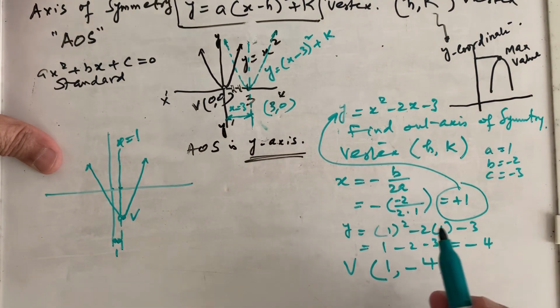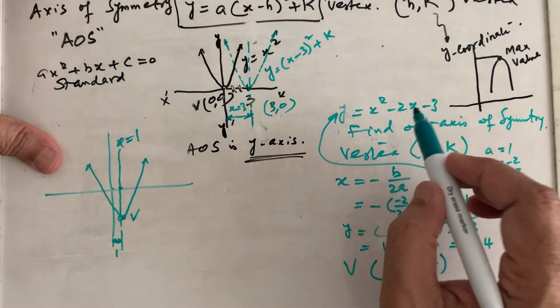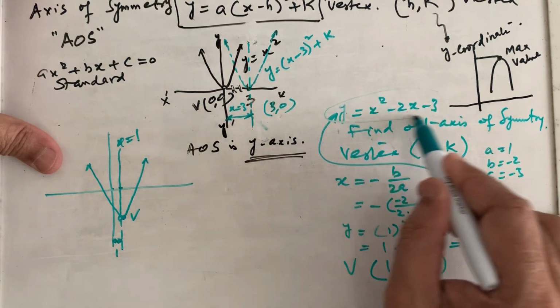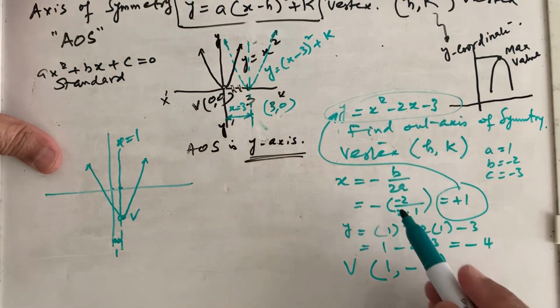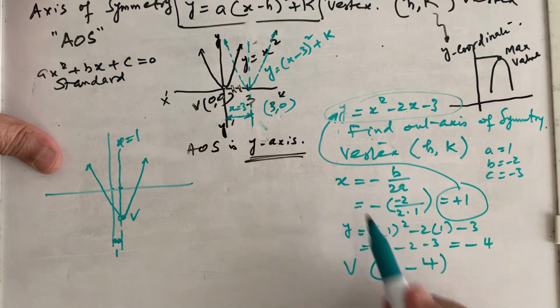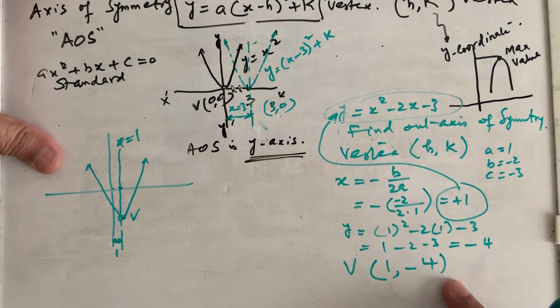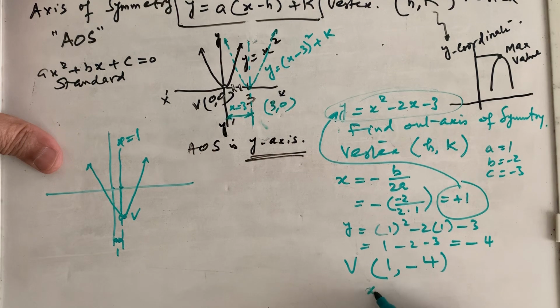Hope you understand. So in this case, when you have the quadratic form, you have to find minus b over 2a for the x value, and then substitute it back to get the y value. Then you have the vertex, and then you can decide your axis of symmetry.